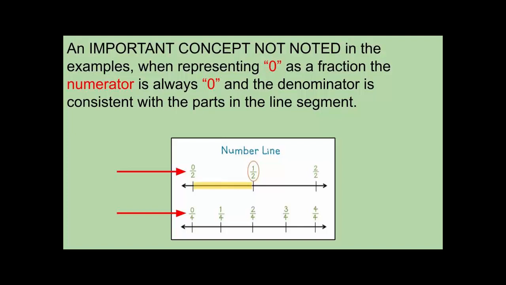So once again, a fractional representation of 0 is 0 over whatever the denominator is determined to be by the number of sections or parts on the number line.